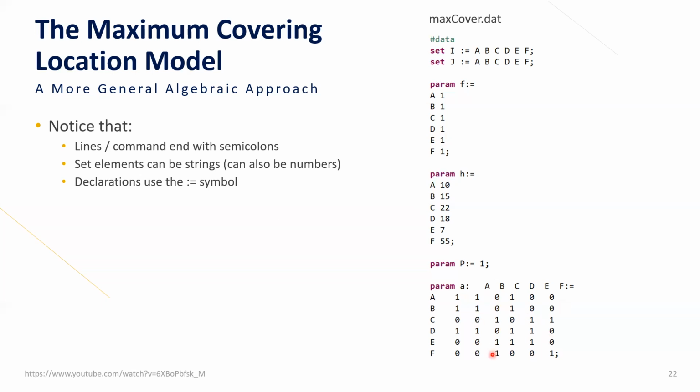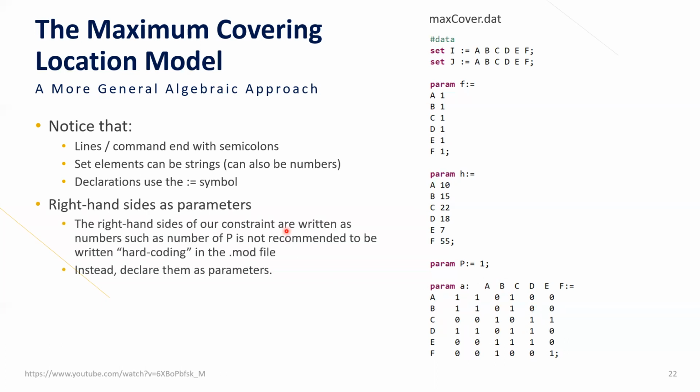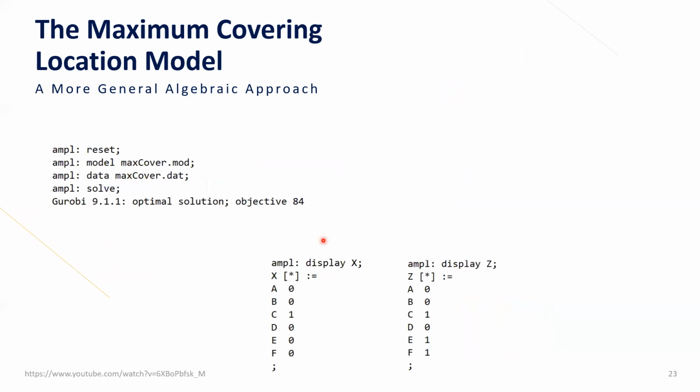Even for a parameter with two indices, a[i,j], from A to A, from A to B, from A to C, and so on, here two-dimensional. And previously we had parameter p on the right-hand side as parameters, so we also move it to the data. We define it as parameters.